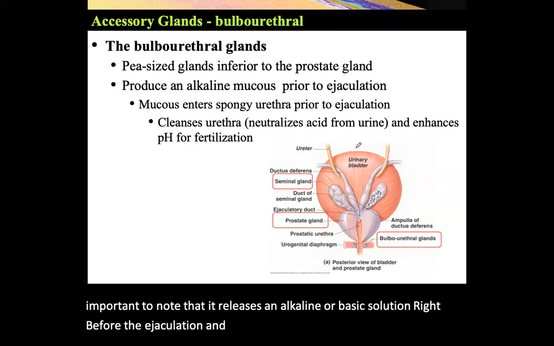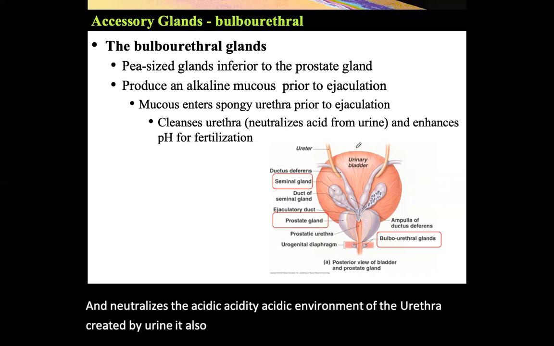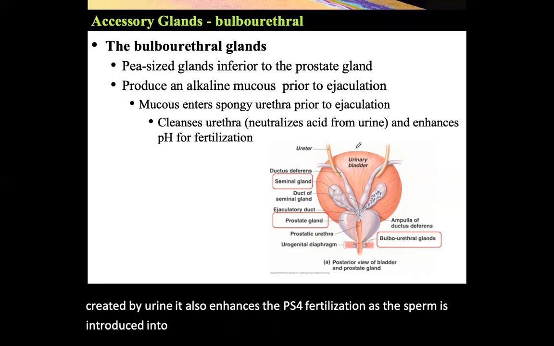This fluid is essential for cleaning the urethra prior to ejaculation and neutralizes the acidic environment of the urethra created by urine. It also enhances the pH for fertilization as the sperm is introduced into the female reproductive system.